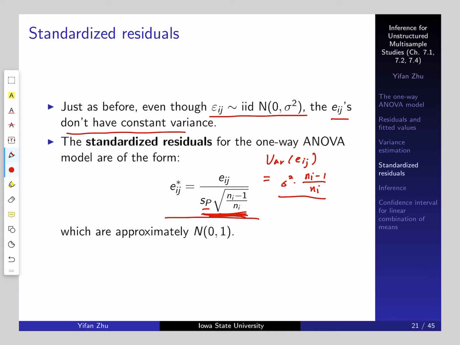And if the n_i's are all the same for all the groups, then the variances of e_ij are all the same. So in this case, you can just use the raw residuals instead of the standardized residuals because they are essentially the same.